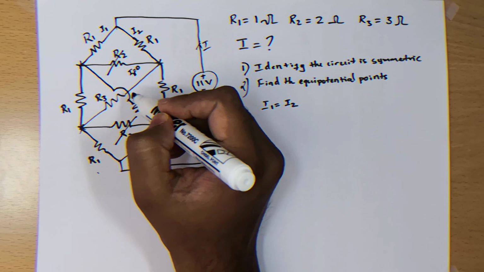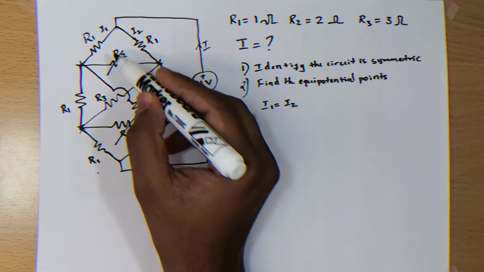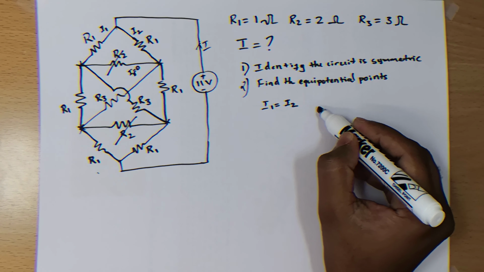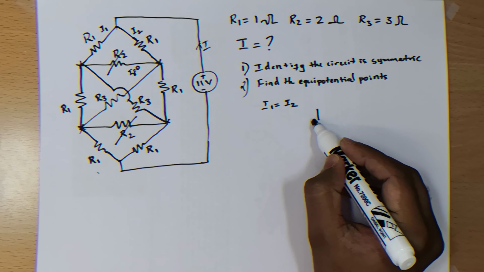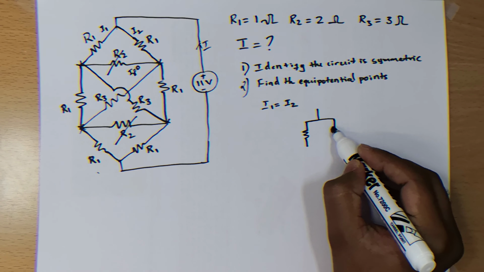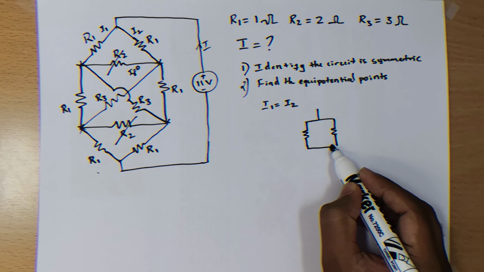If I redraw this here, after removing the resistance between equipotential points, what you will get is something like this. So you have R1, and this is equipotential, so you just connect it.